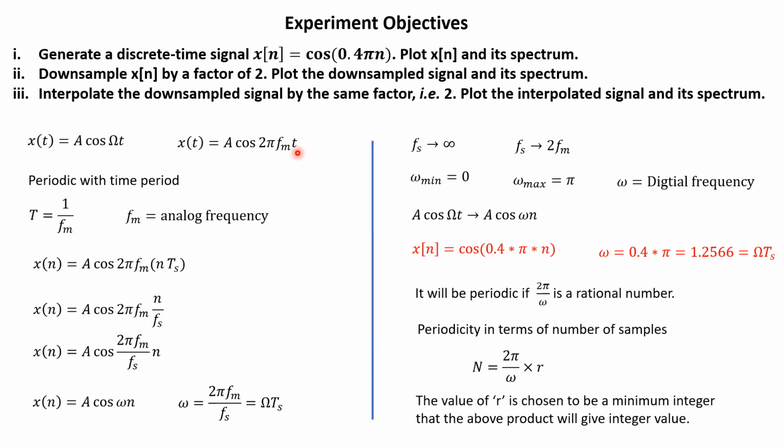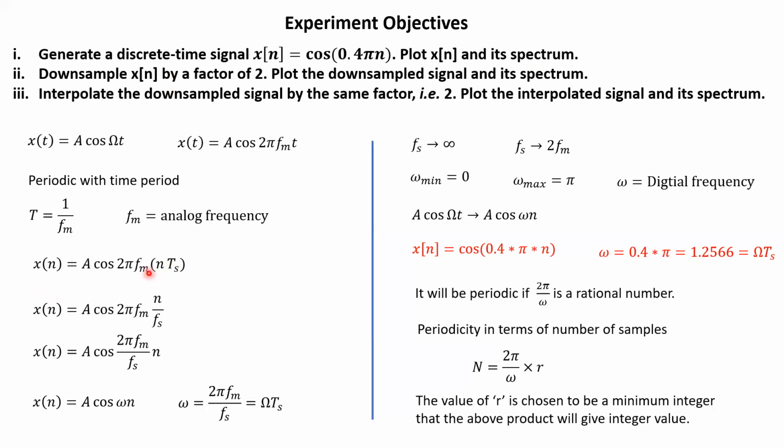But in the case of a discrete time signal, this should be discretized at a certain regular interval of time. So this t will be transformed to n multiplied with capital Ts, where n denotes integer values, starting from 0 and going 1, 2, 3, 4, 5, and so on, and Ts represents the sampling interval. This way we are going to get this signal x[n].